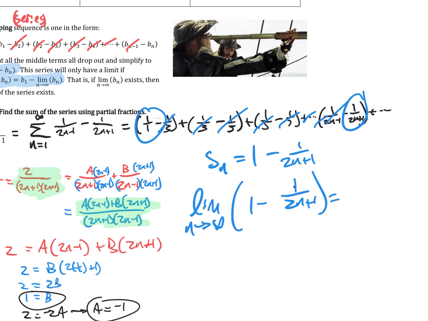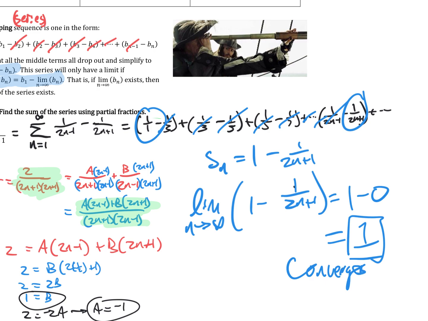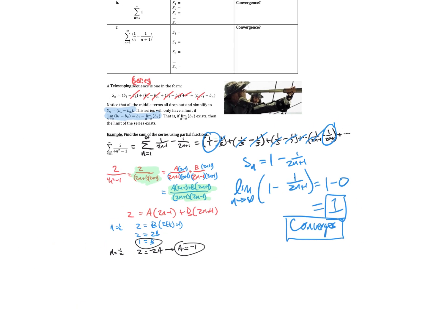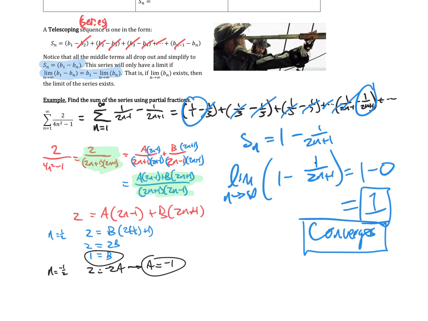So this is equal to 1, because the limit of 1 is always 1, minus 0, which is 1. So it converges because the limit exists. All right, so there you have it. That's how a telescoping series works.